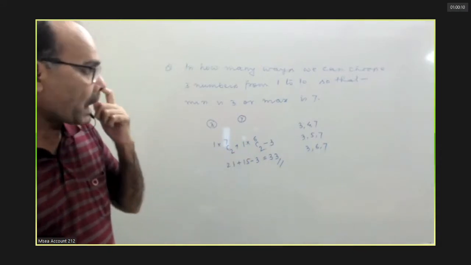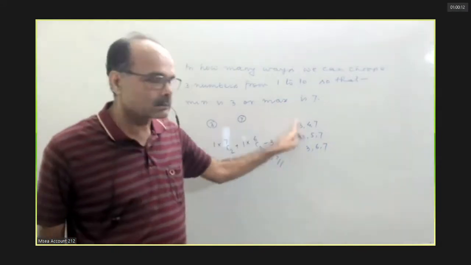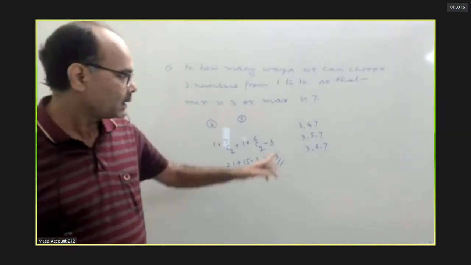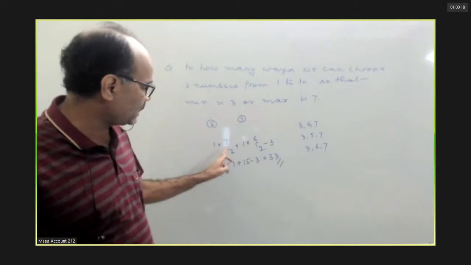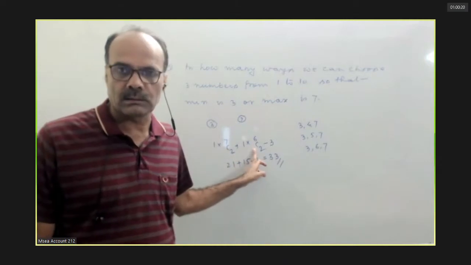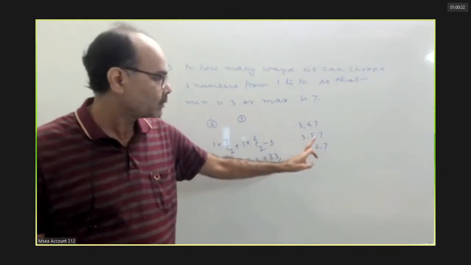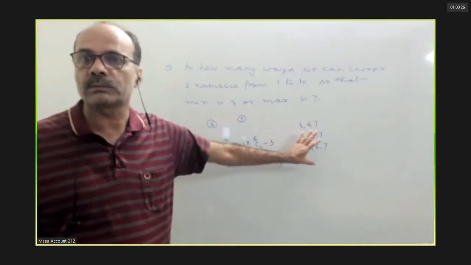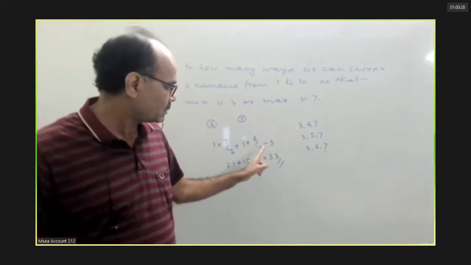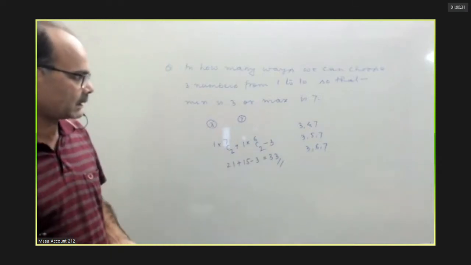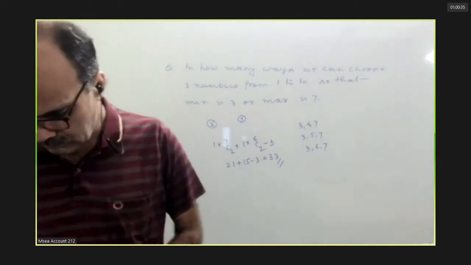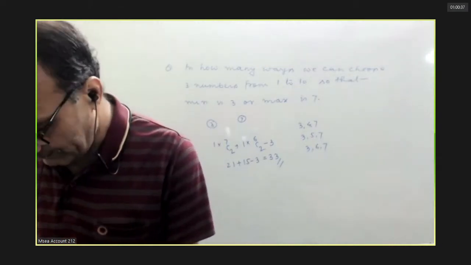Now, selections like 3, 4, 7; 3, 5, 7; 3, 6, 7 have been counted here as well as here. Therefore, we have counted this twice. We have to subtract once. So this minus 3. Total is 33.